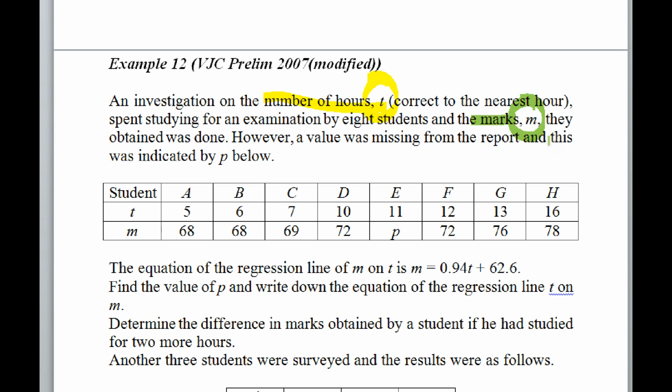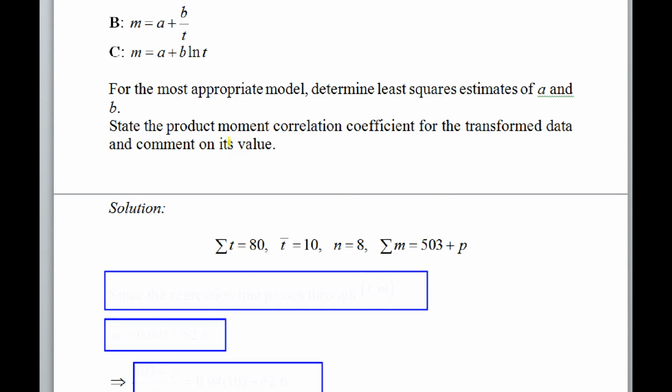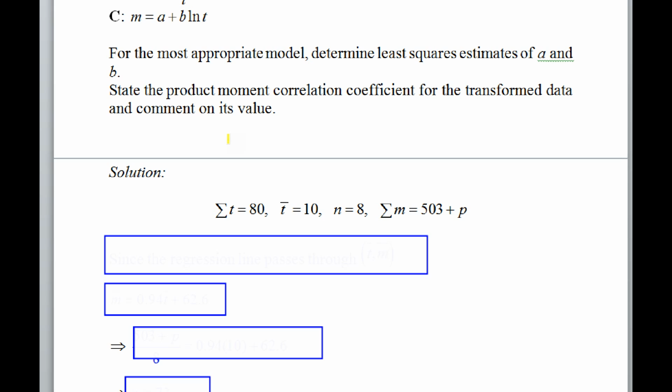You are required to find, look, there's a missing value here, P. You are required to find what this missing value is. Let me explain. Let's not care about all those things first. First, we are required to find the missing value, P. I think you know how to find summation T, just add all the T up.